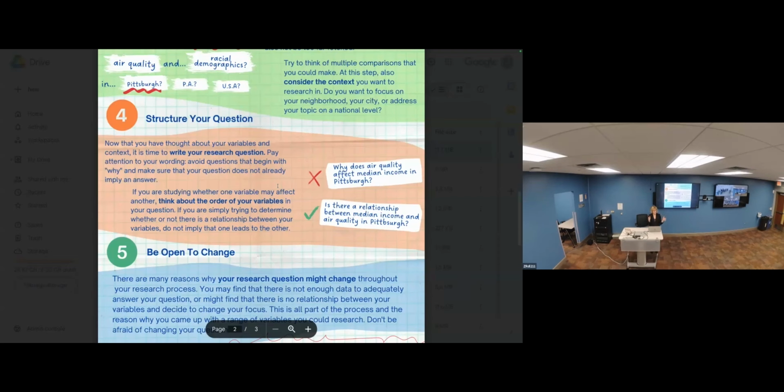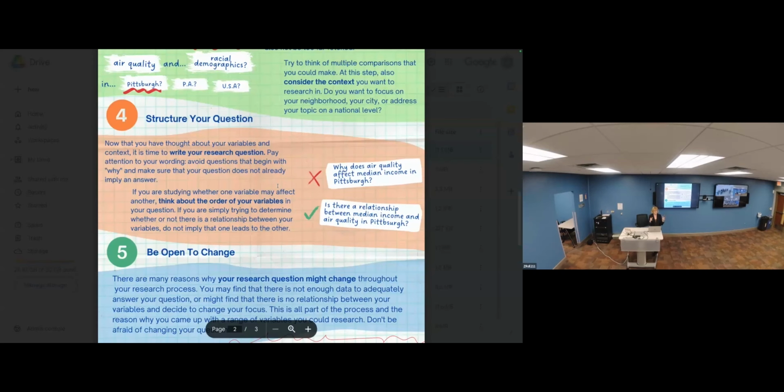And after we talk about end of the term projects, we're going to spend the rest of the class period this week talking about how your teams are doing and where they're having troubles and what you can do to help them out. But being open to change is incredibly important.